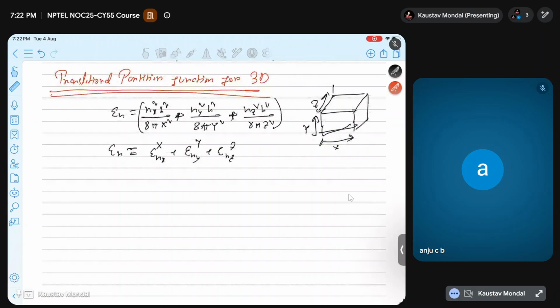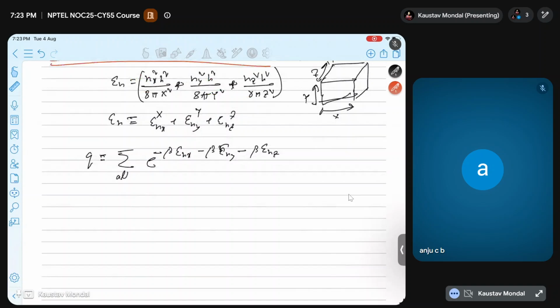Now from here, the same way you can calculate the partition function for all the 3 dimensions: sum of e to the power minus beta E nx, minus beta E ny, minus beta E nz. The summation would be over all nx, ny, and nz.